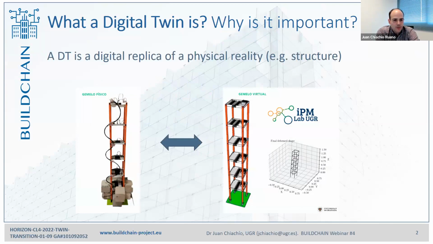A digital twin, formally speaking, is a digital replica of a physical reality. That's it. So, for example, we think on a structure. You can see this picture at the left.